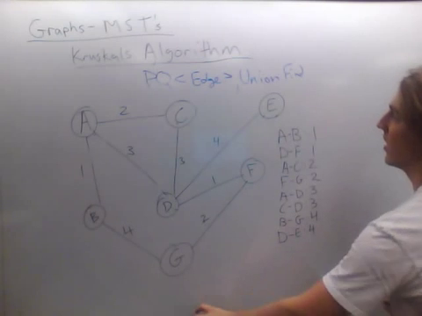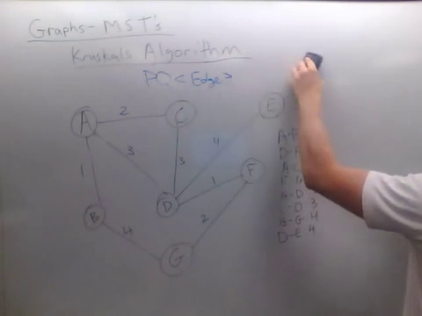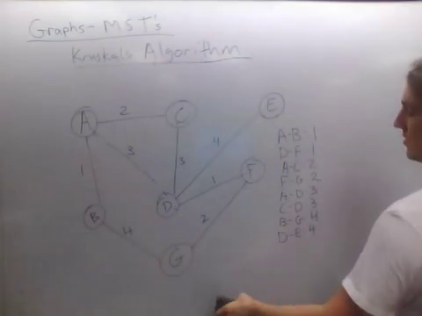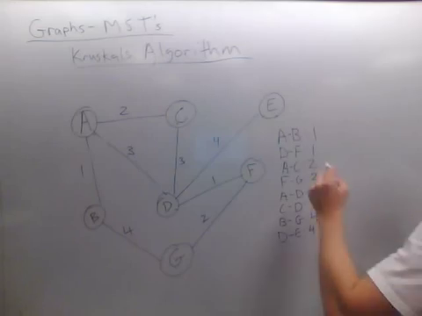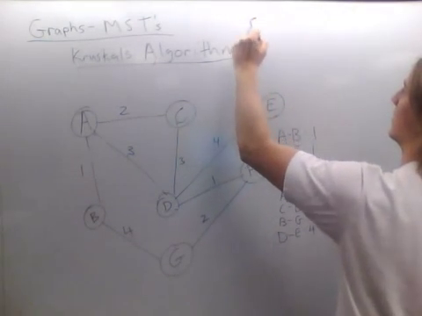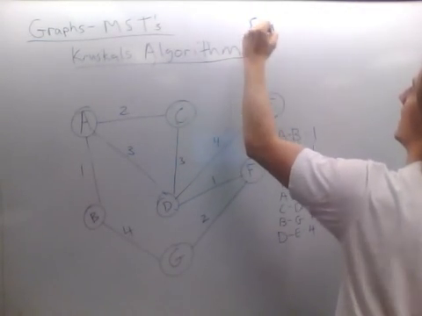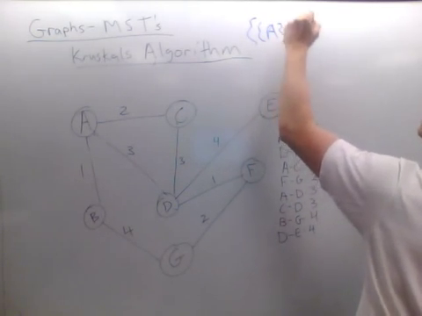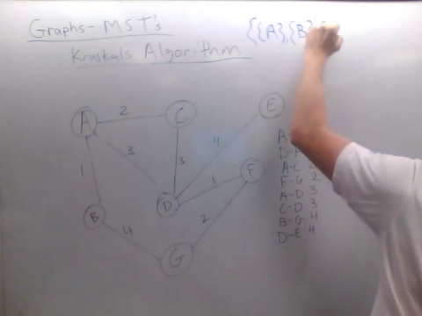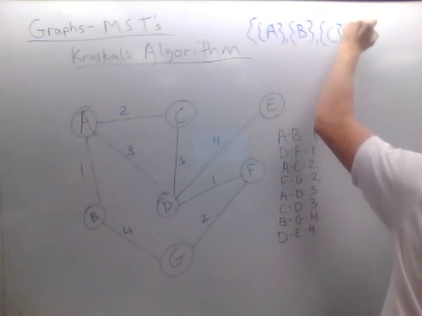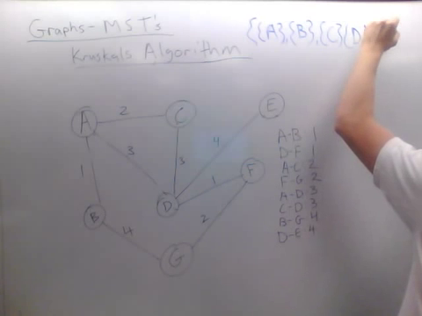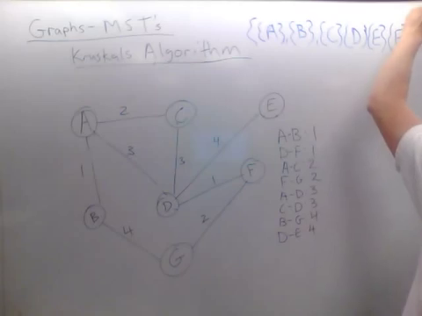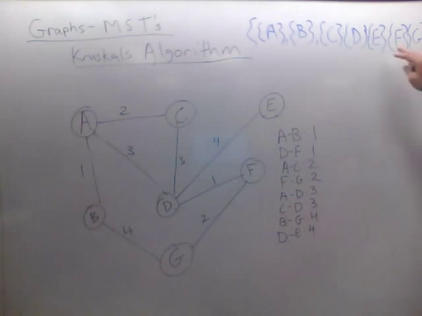So how union find is going to work is it's a set. Each vertex is going to start in its own set. So if I draw, A is in its own set, B is in its own set, C, D, E, F, G. You notice this is a set of sets.